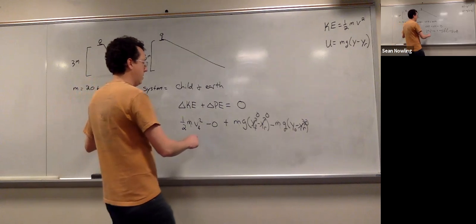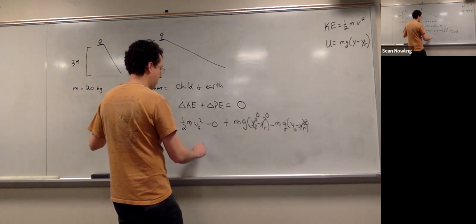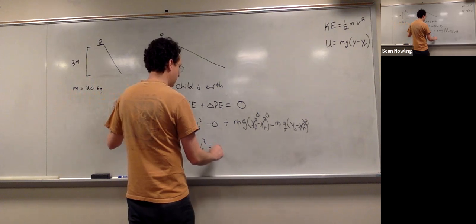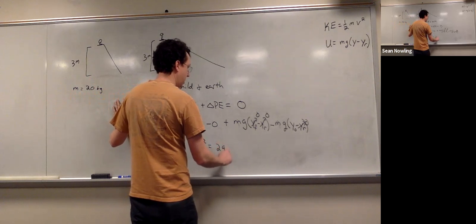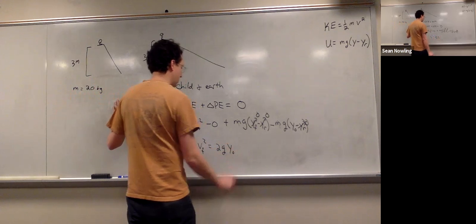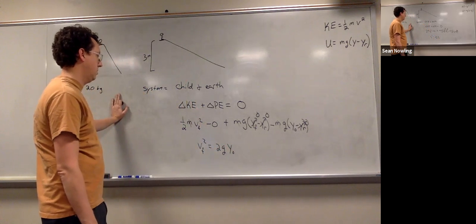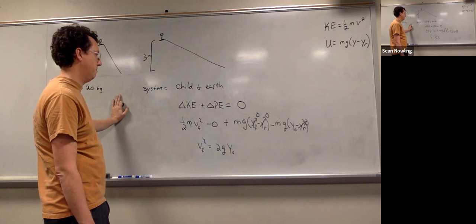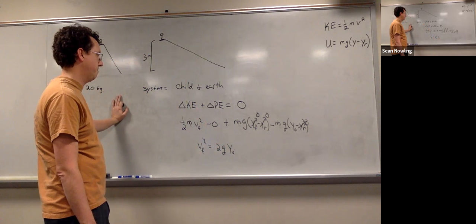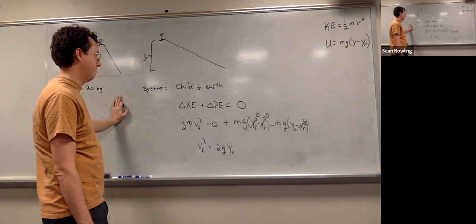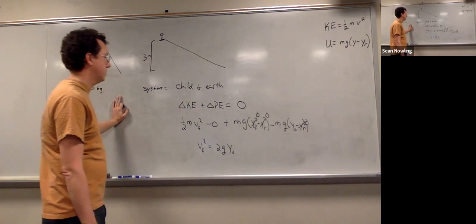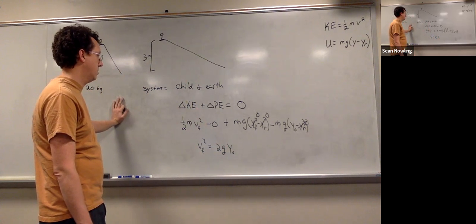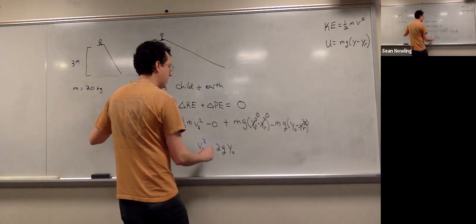And I finally can determine the velocity because I get v final squared equals 2g y initial. Sorry, jumped the gun.